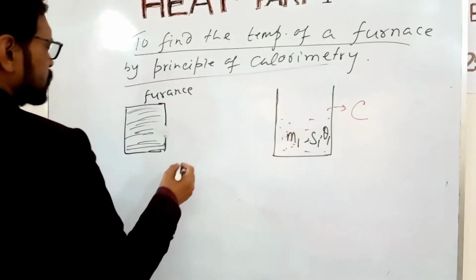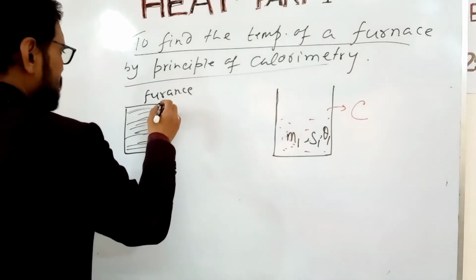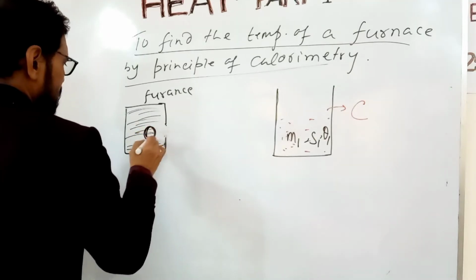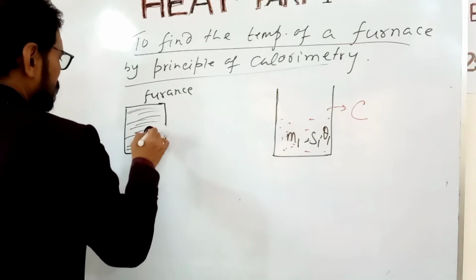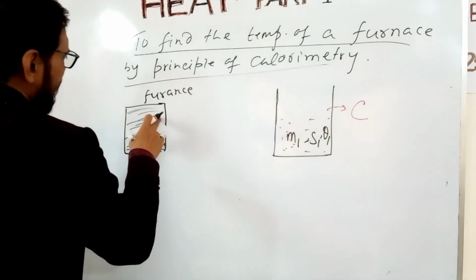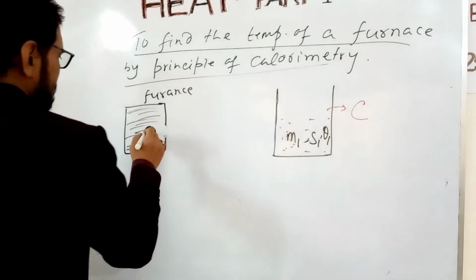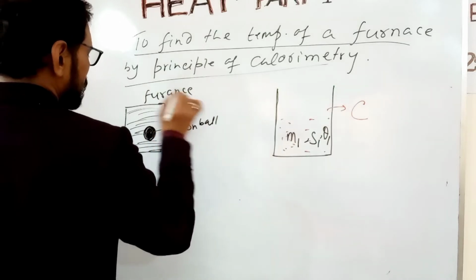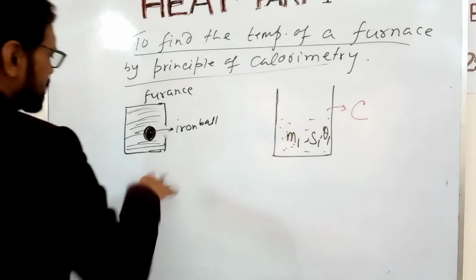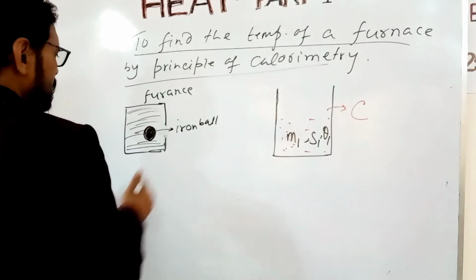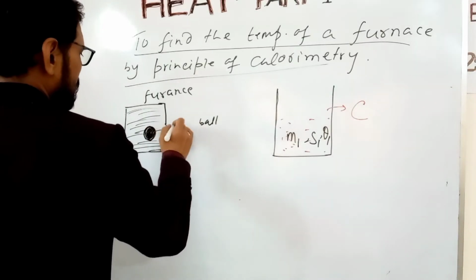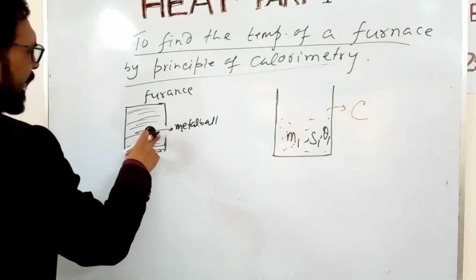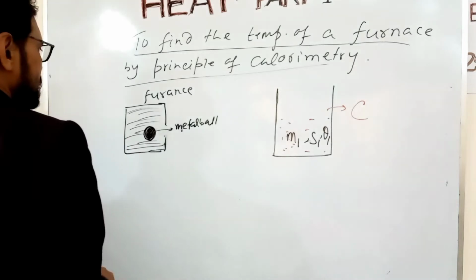So what will we do to find the temperature of the furnace? We put an iron ball, or any metal ball whose melting point is higher than the temperature of the furnace.